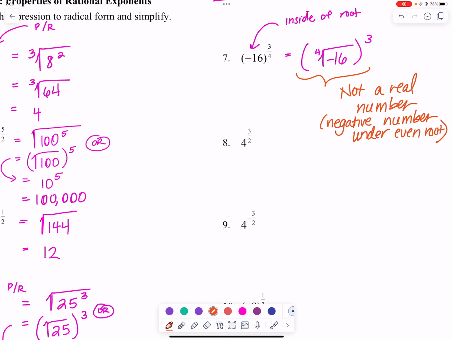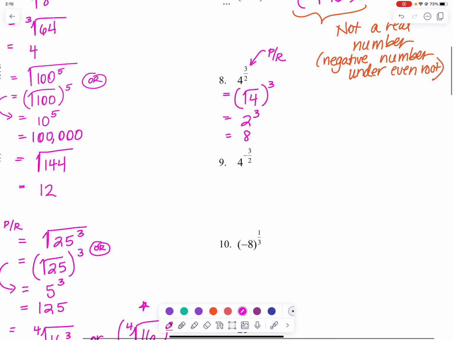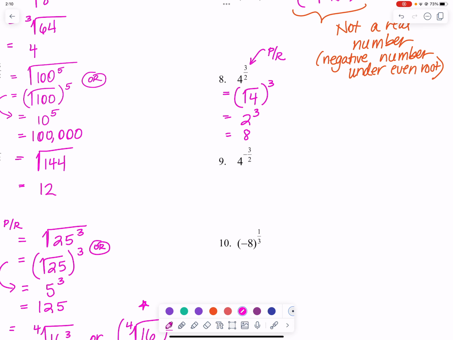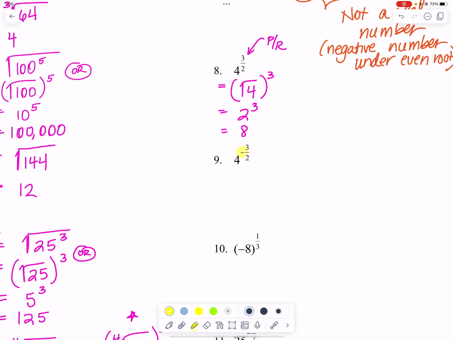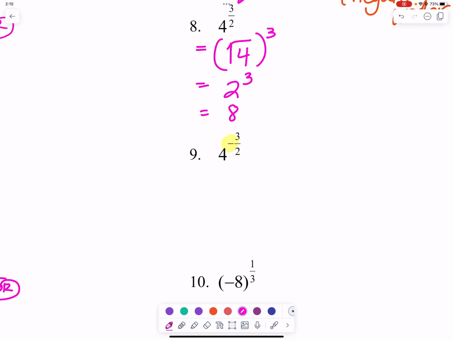Okay, let's go on to number 8. So we have the square root of 4, and then we're going to cube it, again power over root. So we have 2 cubed and we have 8. Here you notice that we have a negative power.